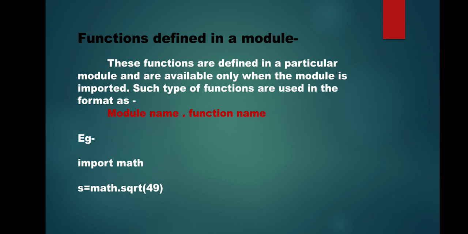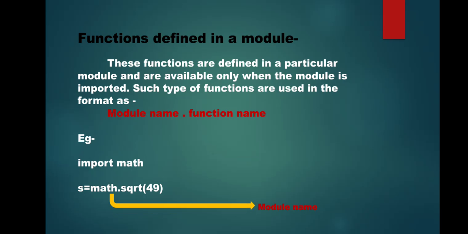Here I have written import math. That means we are trying to use a function of the module math. And which function are we using? We are using the sqrt function. When we have to use sqrt, what have we written? math.sqrt. Math is the module name and sqrt is the function name.